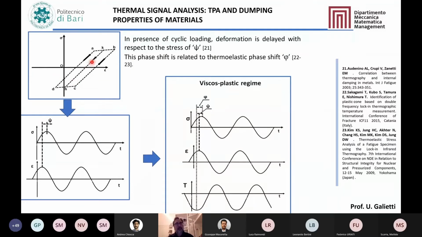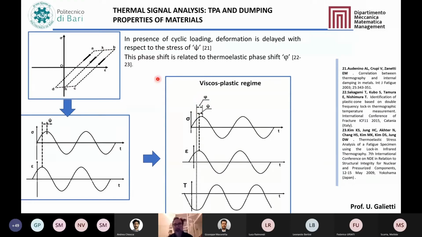Just to simplify, let's analyze what's happening to a perfectly elastic and perfectly plastic body. It's just a simplification. You can put there any kind of hysteresis loop; the idea will not change. So what's happening here? Of course, stress and strain will show a phase shift because you are experiencing a different time law for stress and for strain.